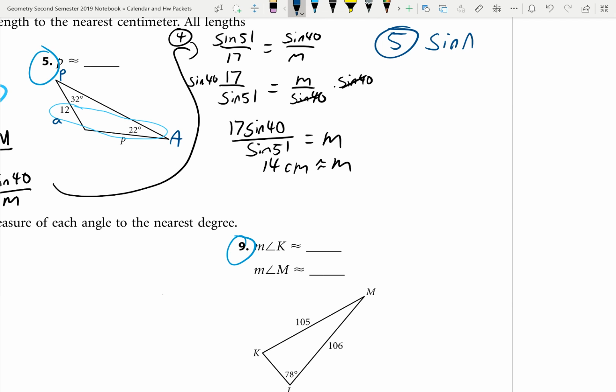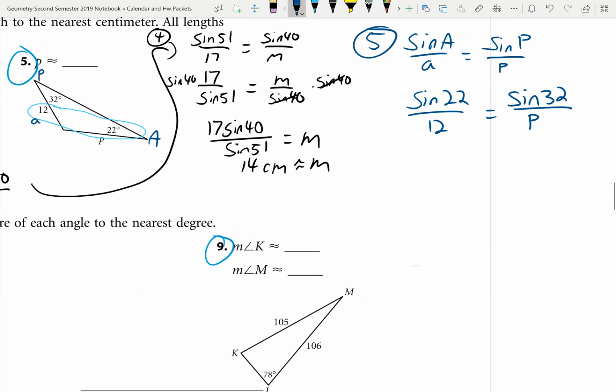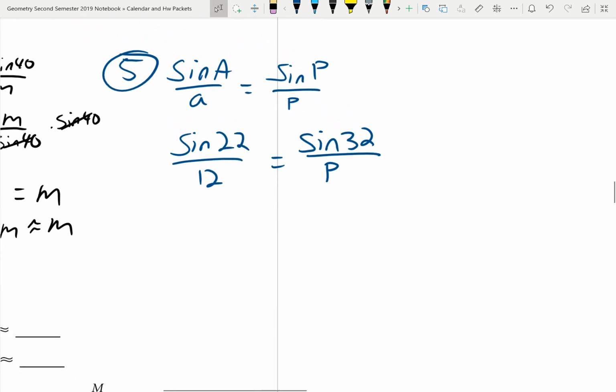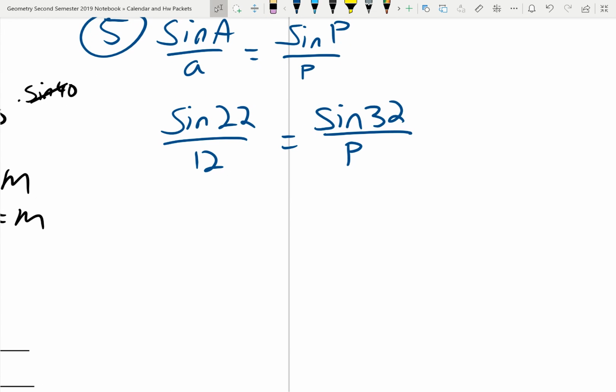So sine of A over a equals sine of P over p. Sine 22 over 12 equals sine 32 over P. What's next? Again, P is in the denominator here, so to solve this, I'm going to flip both fractions.